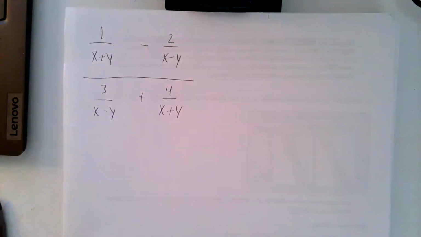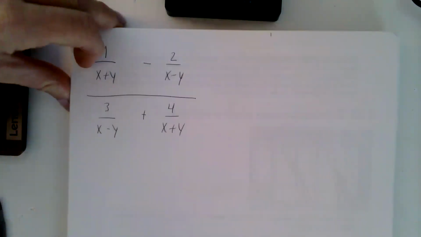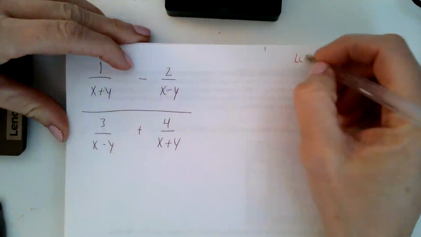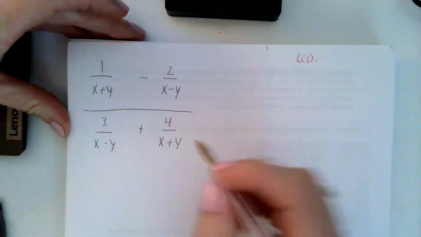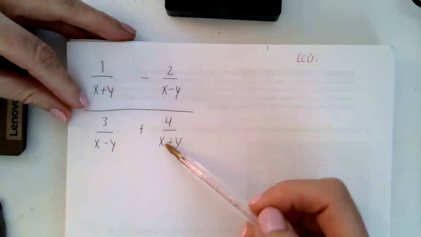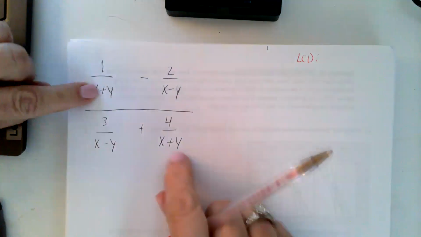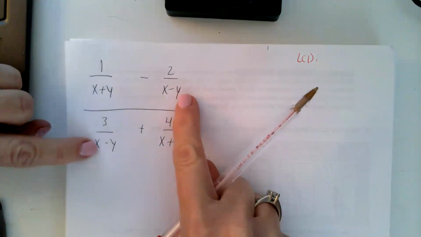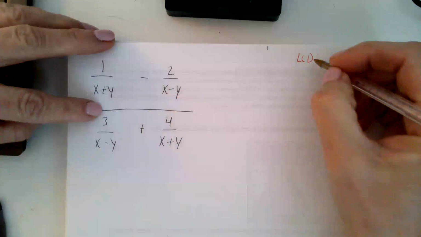Let's do another complex fraction. So again, we're looking for an LCD that we can multiply through and eliminate the fractions by eliminating the denominator. So x plus y and x plus y are both denominators in these two places. And then x minus y is used here. So we have to use each of those binomials.